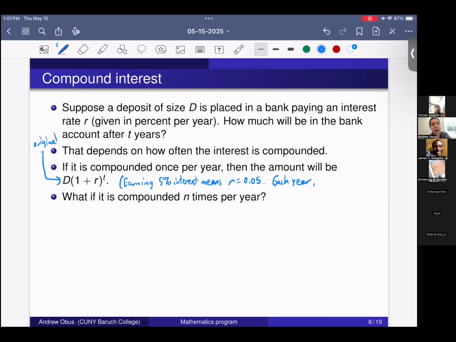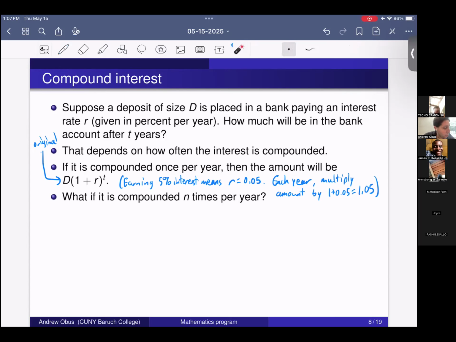It means you have to multiply by 1.05. So each year you multiply the amount by 1 plus 0.05, which is 1.05. That's what it means to earn 5% interest. You multiply by 1, which is what you start with, and then another 0.05. That's your 5% interest.